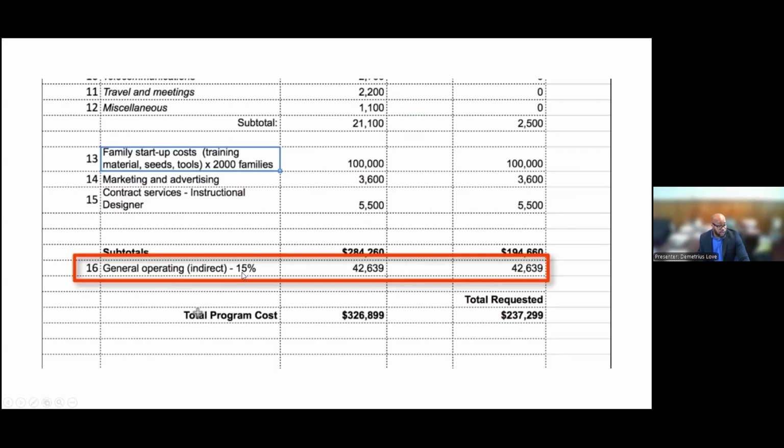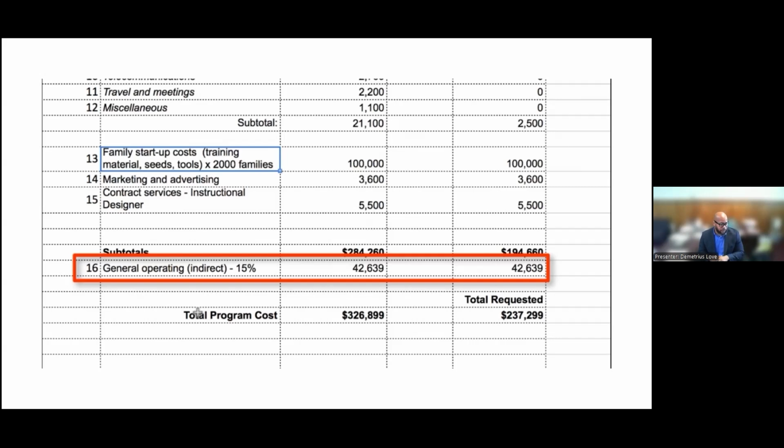The goal is, how do you calculate that? All right. Let's say your program is $400,000. Your administrative cost is $100,000. You divide your indirect cost into your direct cost. So you'll divide 100,000 by 400,000. What's that number?